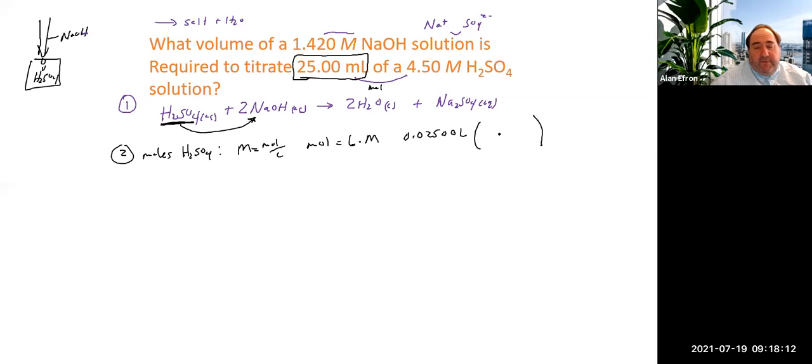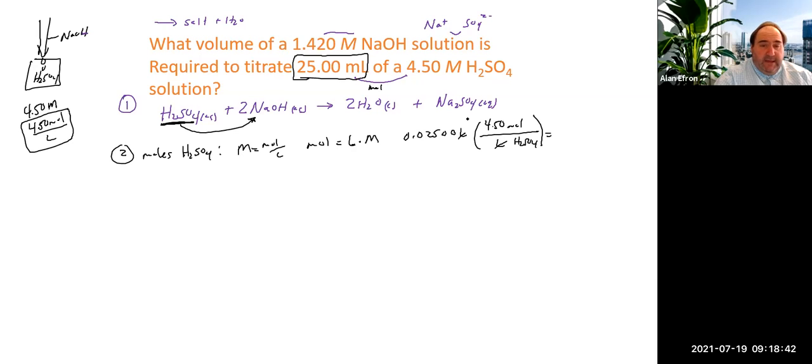Multiplying it by our molarity here, when we see 4.50 molar, that is the same as 4.50 moles per liter. We're going to use this as a conversion factor in dimensional analysis, which means 4.50 moles per liter of sulfuric acid. Liters will cancel each other out, and we will end up with 4.5 times 0.025.